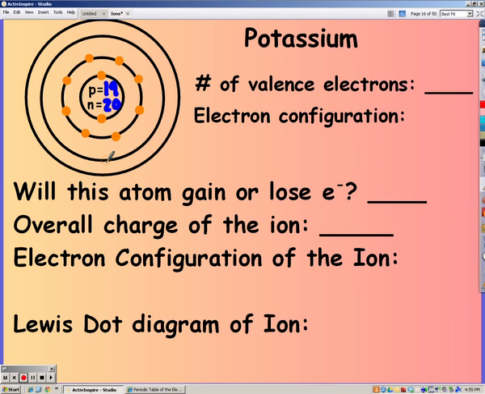The third ring we can have technically up to 18, but first you have your 8. And then in the fourth ring we're going to have 1. So we have 1 valence electron for potassium.